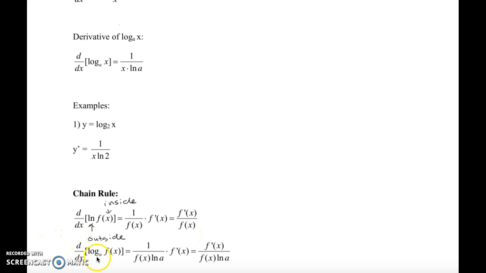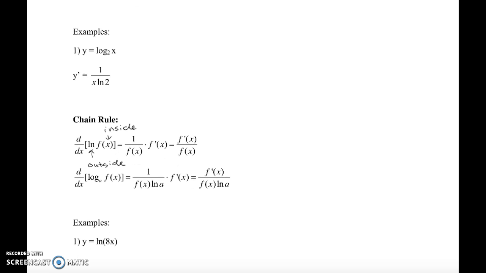If we have a log of a base that's not e or 10 of f of x, then we're going to end up with 1 over the value of f of x times the ln of the base a times the derivative of f of x, which is going to give us our derivative of f of x divided by f of x ln of the base a. All right, let's go ahead and look at some examples involving logs and the chain rule.